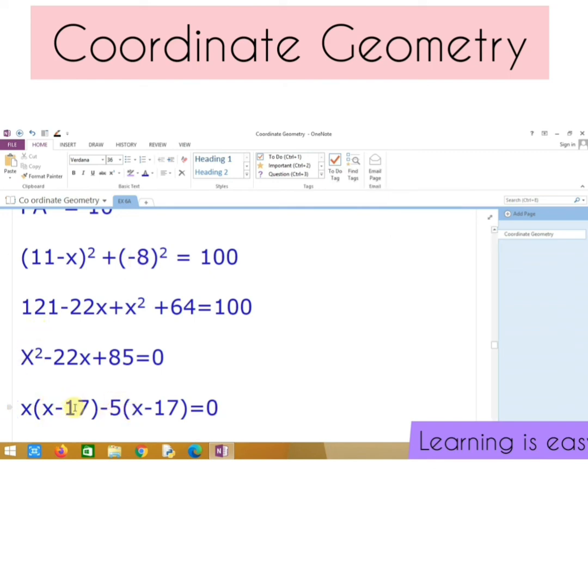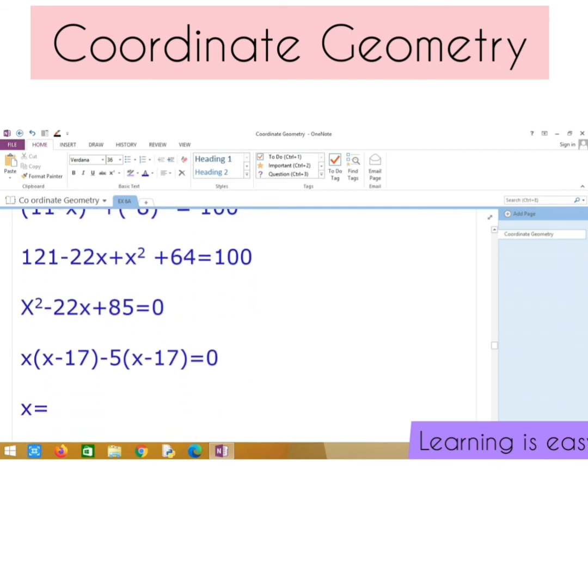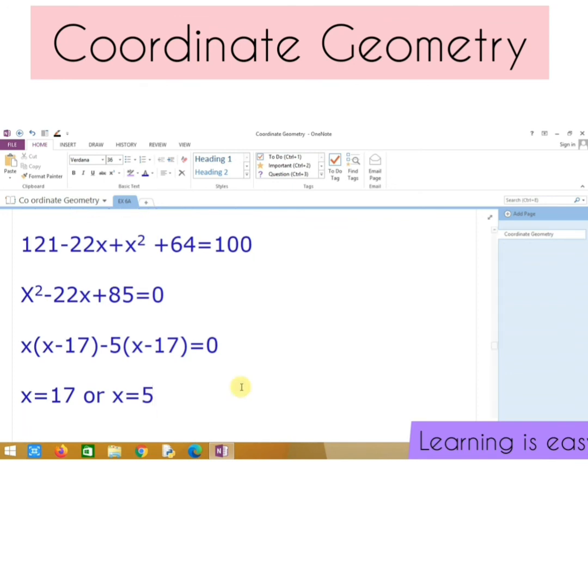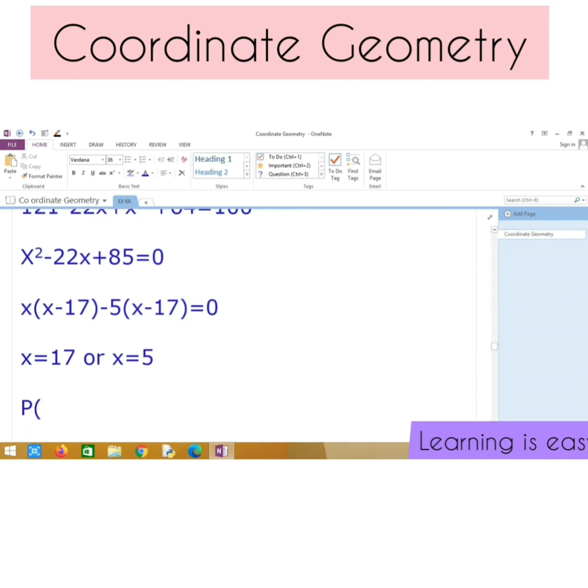So x minus 5 into x minus 17 is 0. 5 into 17 is 85, product. 5 and 17 both are negative integers. When you sum up, it's minus 22. X can be 17 or 5. So the point is 17, 0 or 5, 0.